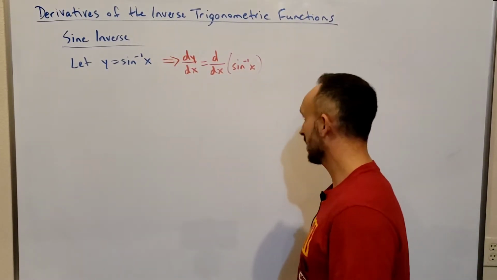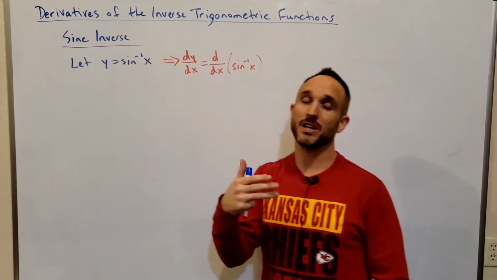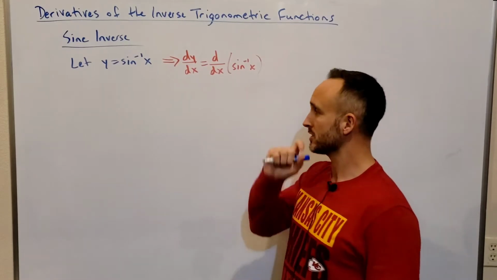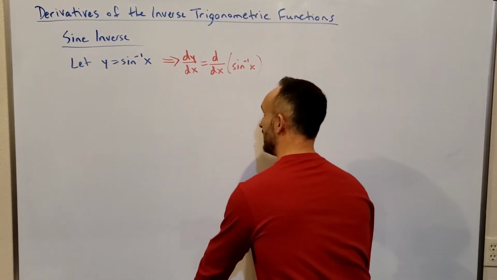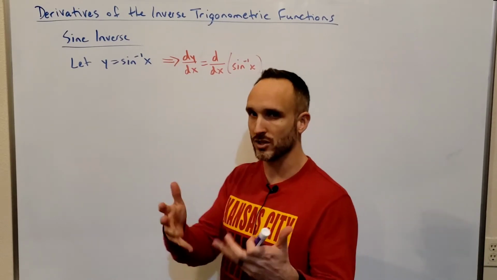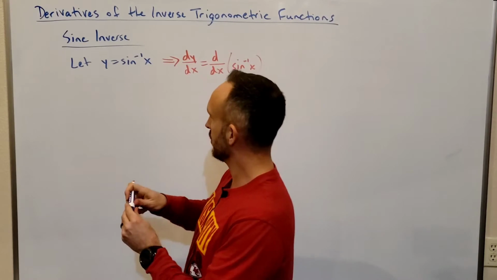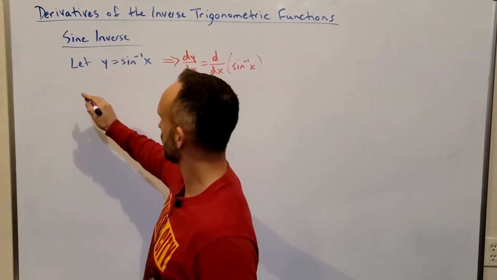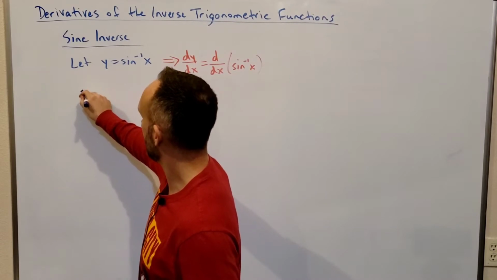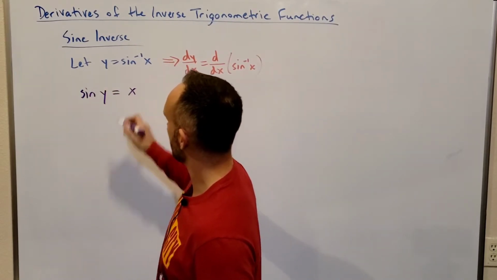Now, unfortunately, we can't simply differentiate both sides because we don't know the derivative of sine inverse. But what we can do is use the power of inverse functions generally to inverse both sides. So in other words, if y is the sine inverse of x, then you know from your algebra and trig class that the regular sine function of y is just x.